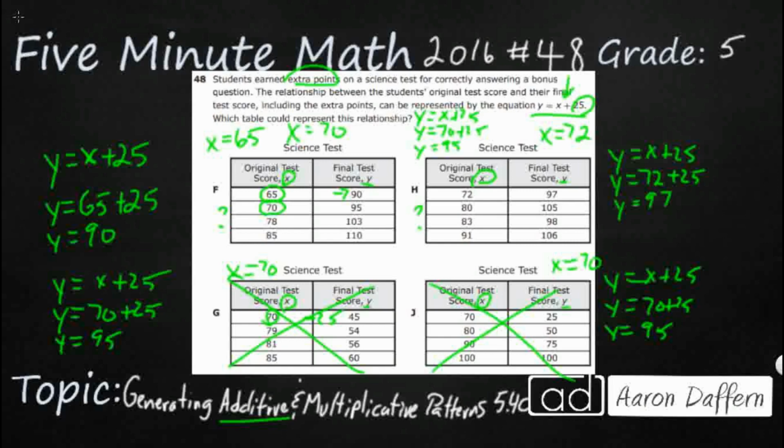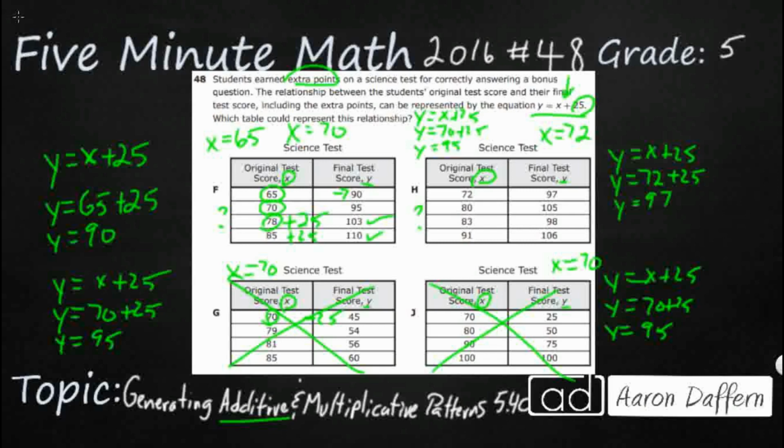So that looks pretty good. And right here, let's look at this 78. And you know what, we can just kind of shortcut this right here. We could just kind of do plus 25. So 78, that's going to be 90, that's 103, so that looks good. We're going to do a little plus 25 right there. So that's going to be 110. So that F is looking pretty good.